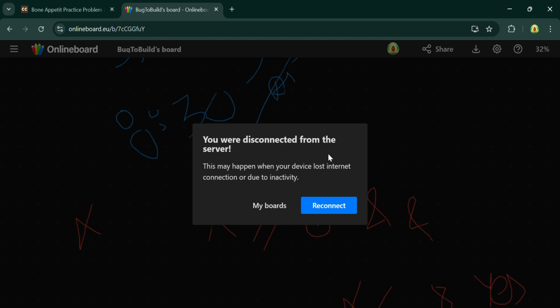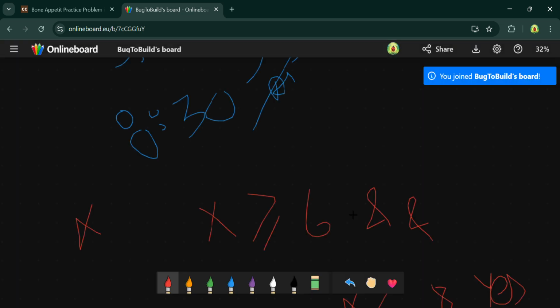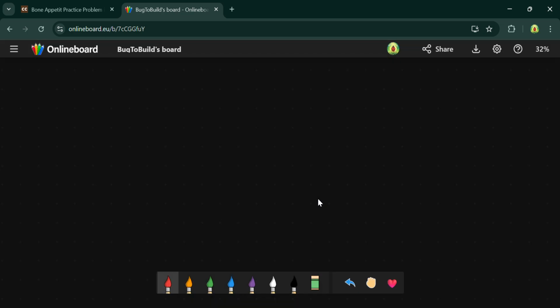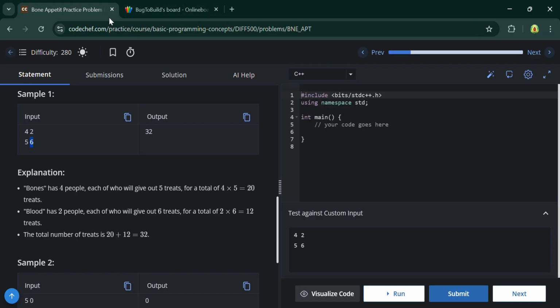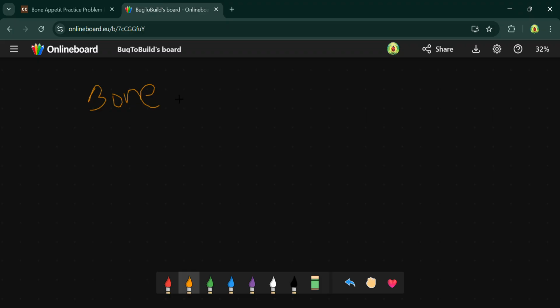So let's take an example. Here the number of people in bones is given as 4 and blood is 2.